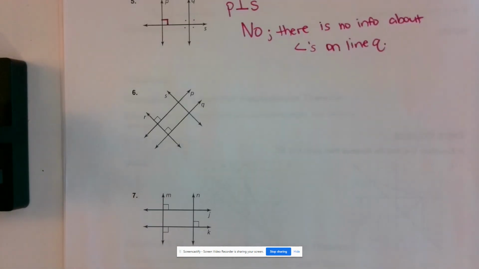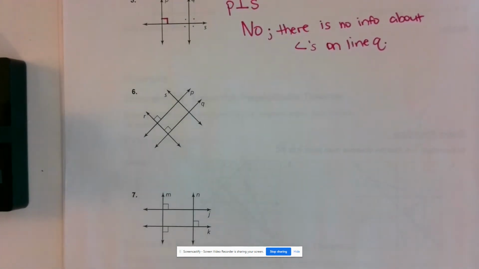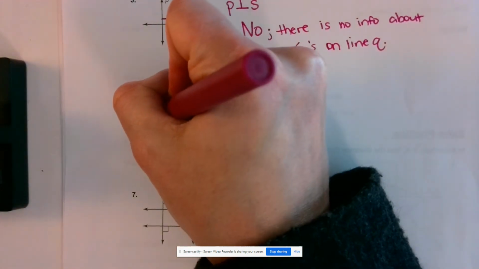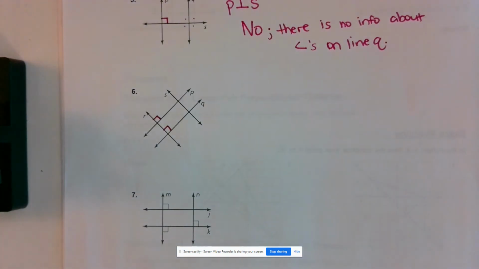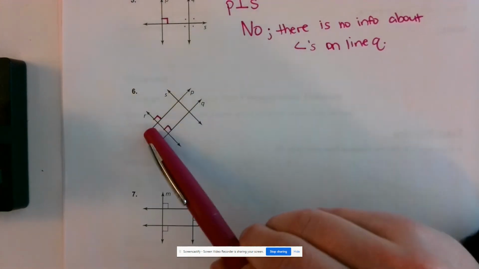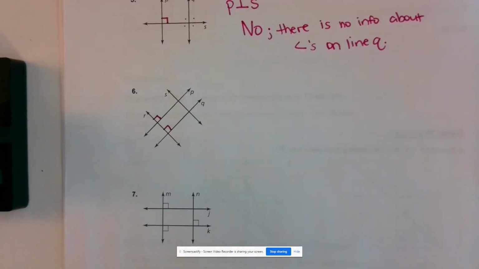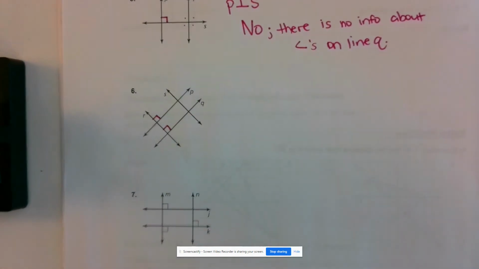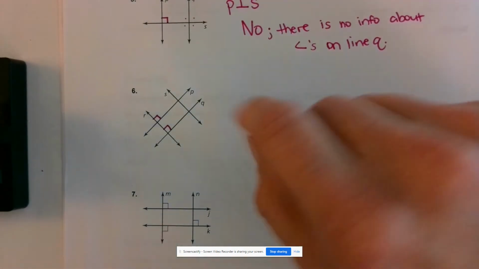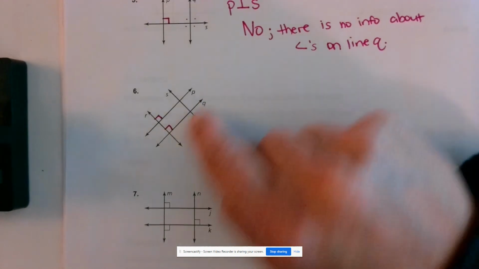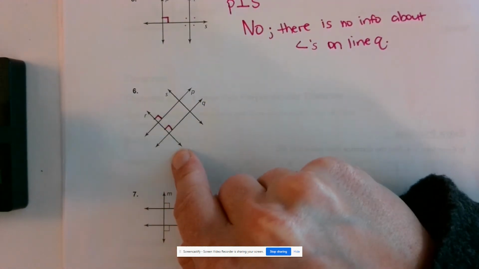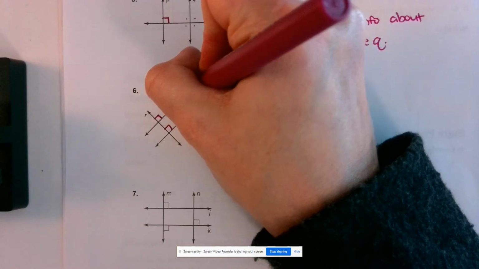Let's move on to number 6. So in number 6, I can see that I've got a couple of right angles in the picture. This tells me that line P is perpendicular to line R and line Q is perpendicular to line R. Now you can think about this problem in different ways, but what we learned is that if two lines are perpendicular to the same line, then the lines must be parallel.